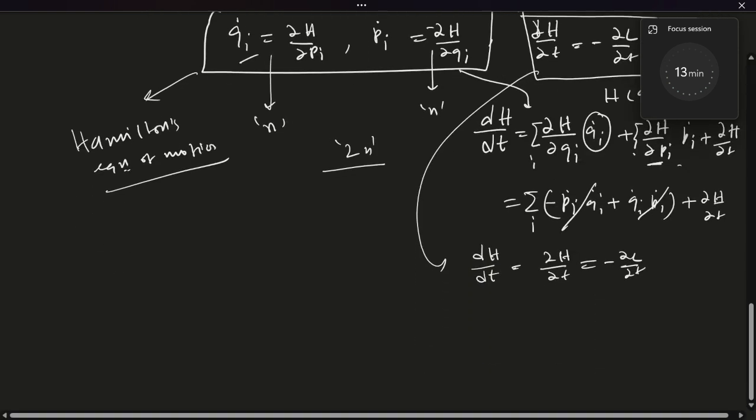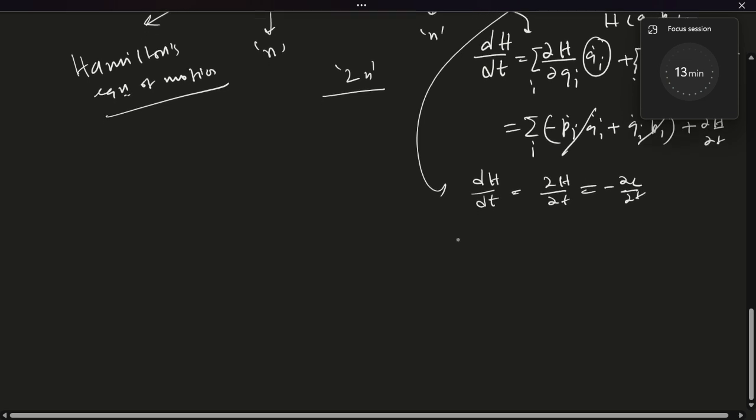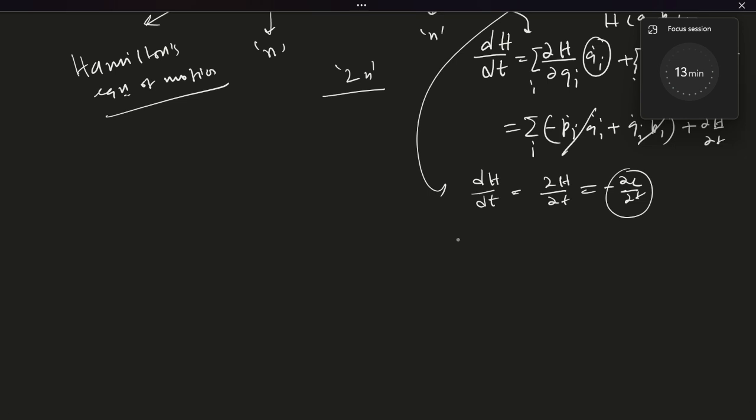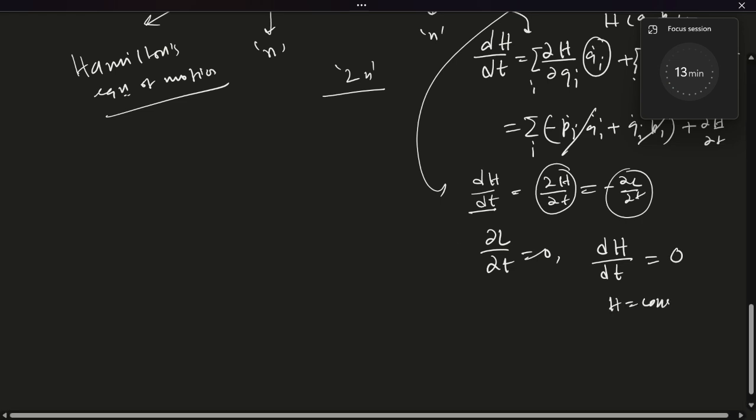So if your Lagrangian is independent of time, that means it does not contain time explicitly, then your H will also not contain time explicitly. That means dH by dt will be equal to 0, so H is conserved.